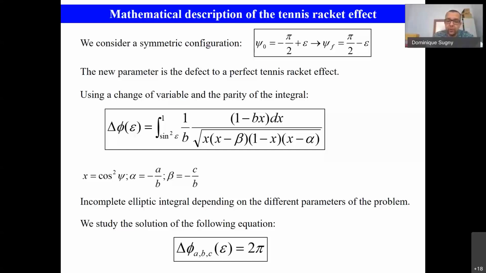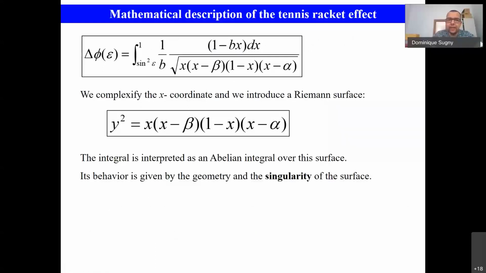In particular, we have shown that we can express the variation delta phi as a function of this kind of elliptic integrals, where x is connected to the cosine of psi. We make this change of coordinate, and by studying this elliptic integral, we introduce a complex phase space, which is in mathematics a Riemann surface.